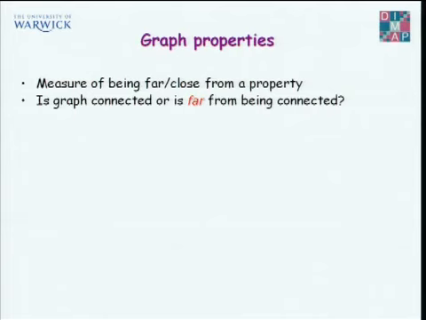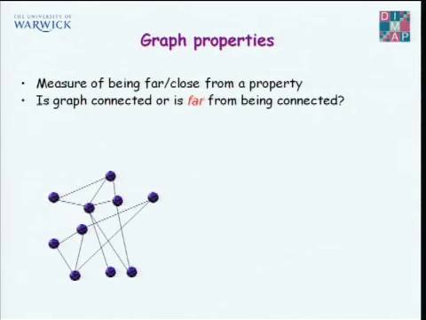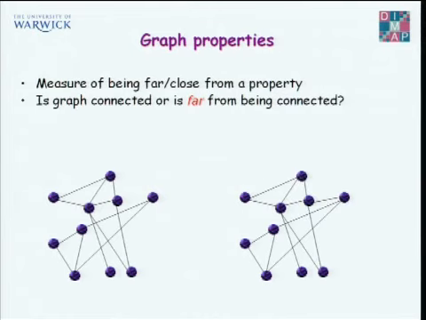Now I would like to give you more of a feeling for what it means to be epsilon far, and why this is useful in computer science and perhaps not only there. If you look at this graph and ask, is this graph connected? We would like to say yes. This graph is also connected, even though one of these graphs is not connected.